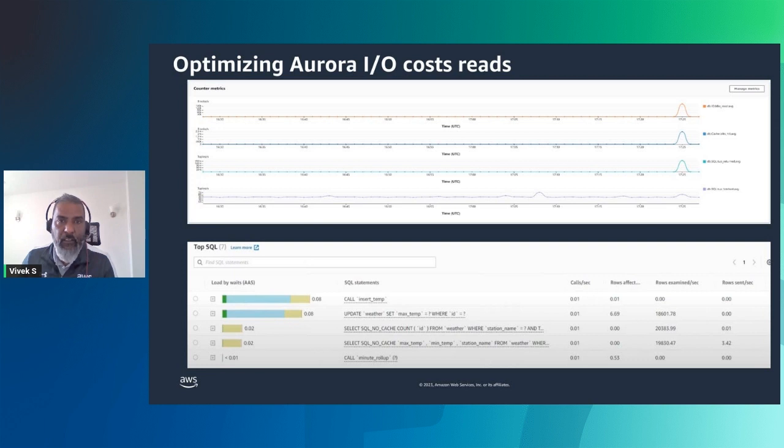Block hit tells you how much data is being fetched from memory for your read workload, and block read tells you how much data is coming from storage. So we need to have a higher block hit percentage in order to make sure that most of the data is coming from memory.